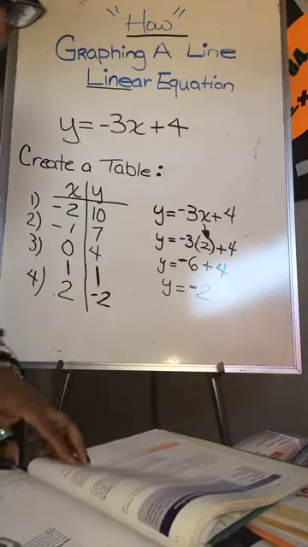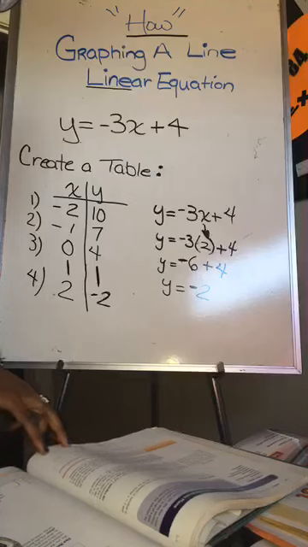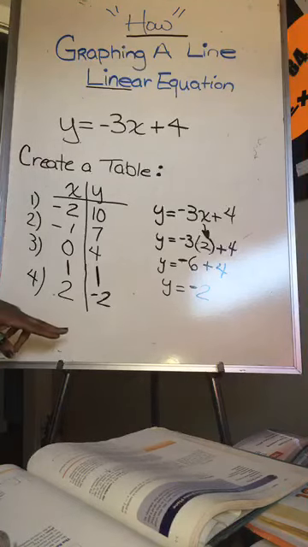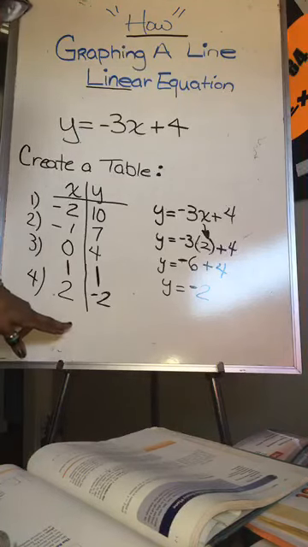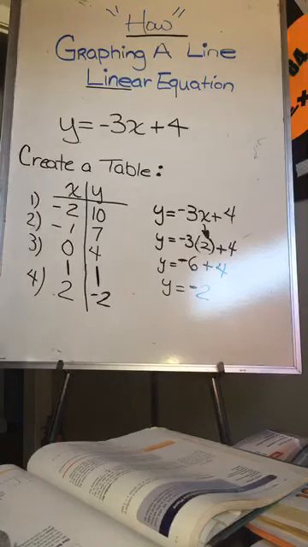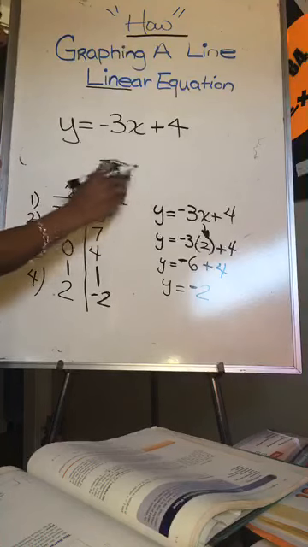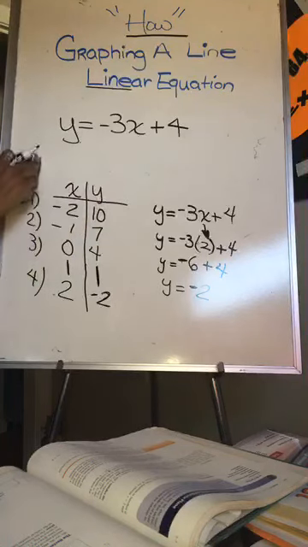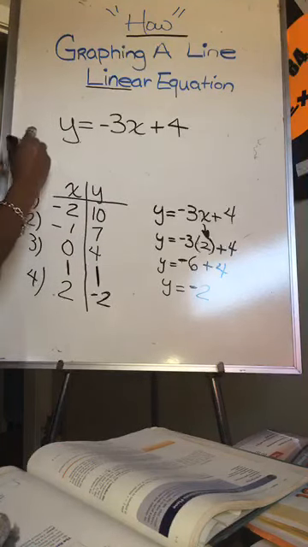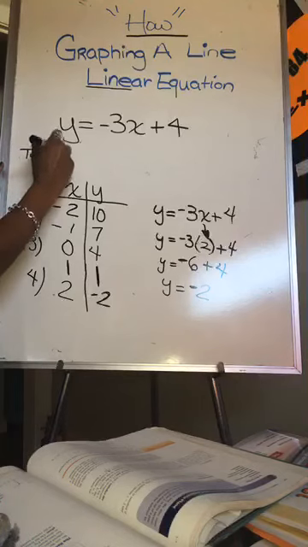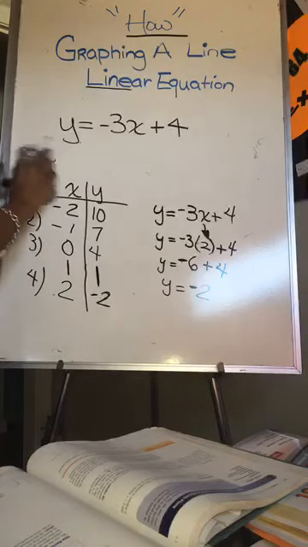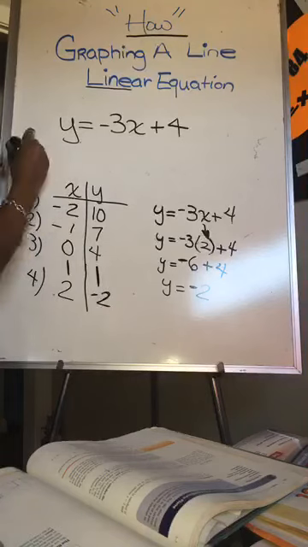All right. So let's see here. So now we have created, so I'm going to erase this because we had to create a table. And this is the table of our ordered pairs. Table. This is the table. Trying to spell this.